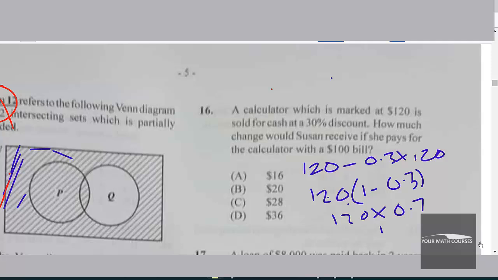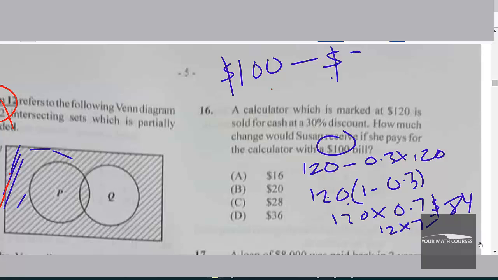It is the same as 12 times 7, which is 84. So this will be equal to $84. So that is the price after the discount is applied. So if you give a $100 bill to the person, he will give you a change of 100 minus 84, and that will give you $16.